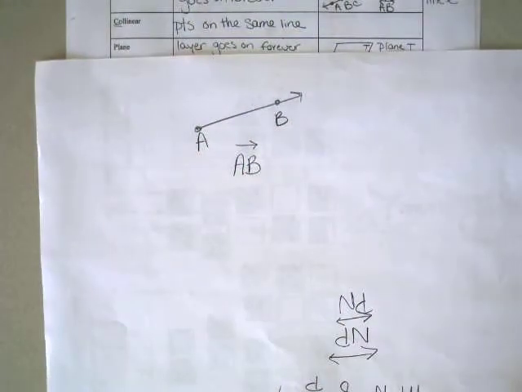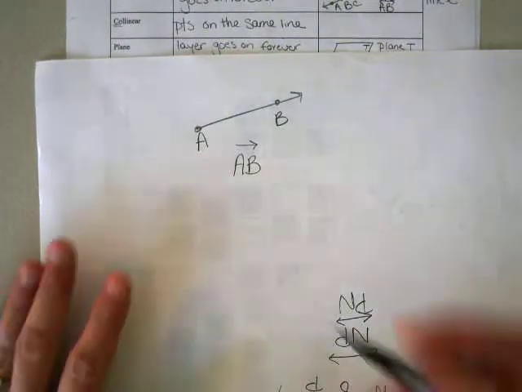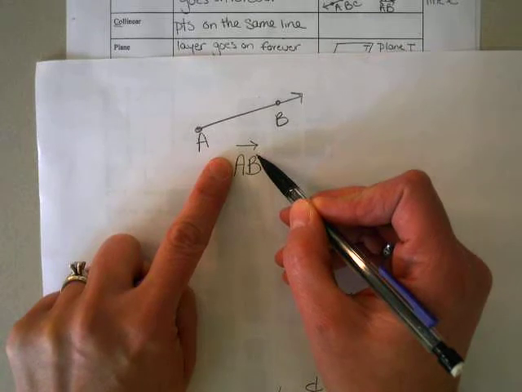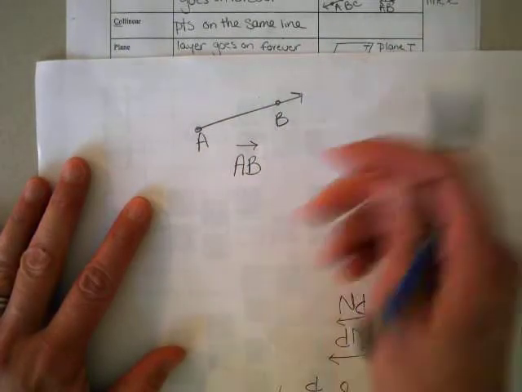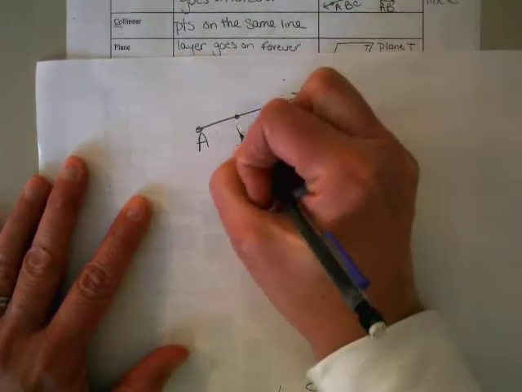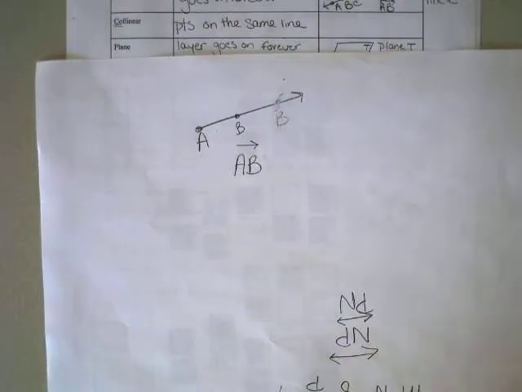Now, everybody realize that A is where it starts, and it goes on forever through B, correct? Could I move B in closer? And would it change my ray? No. So with rays, this is where you start, so the starting point is more important, and the direction.